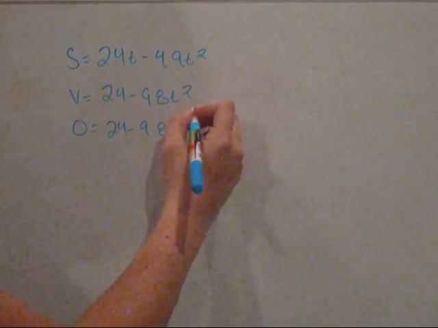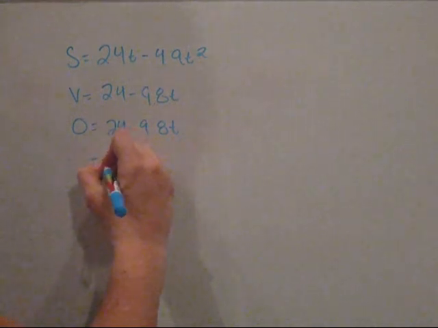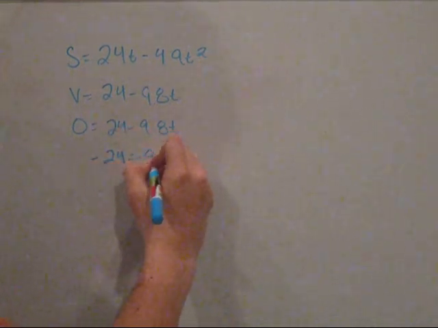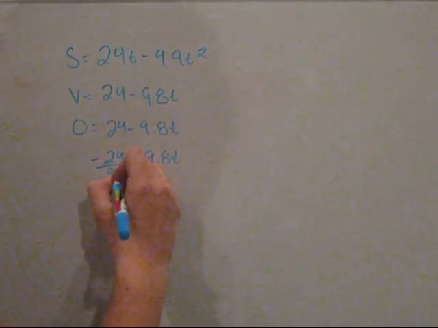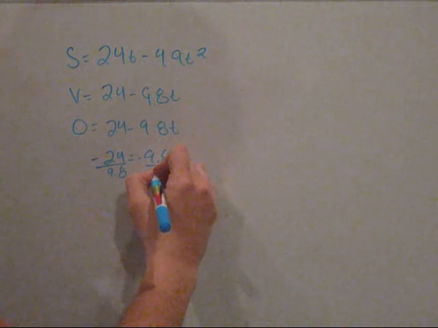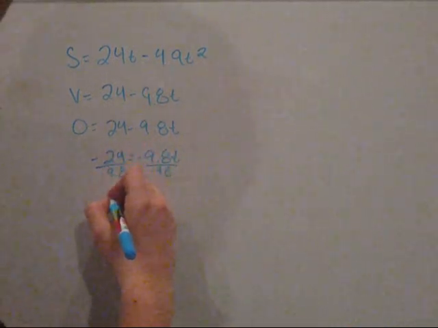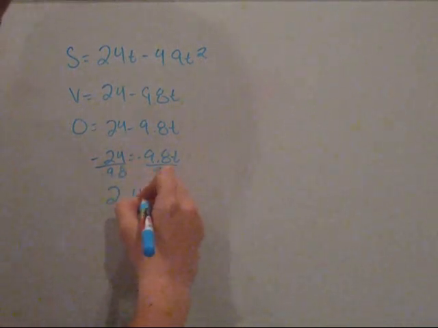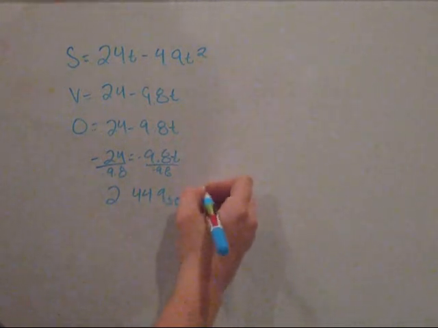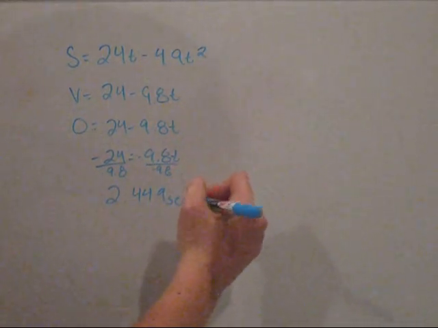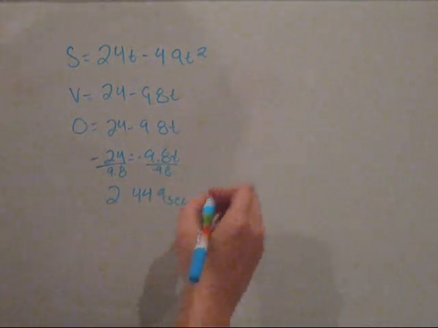And solve this out, and then the final answer is going to be 2.449 seconds for the time that the rock was at its highest. And then to find the height, we would plug this number into our original equation.